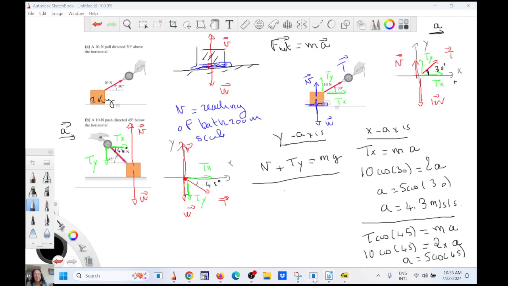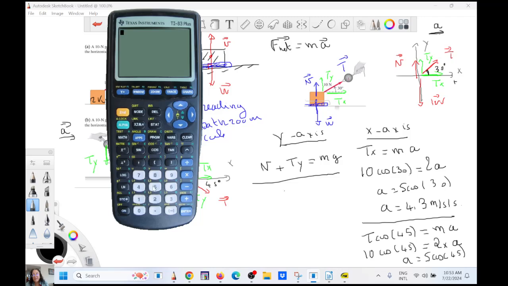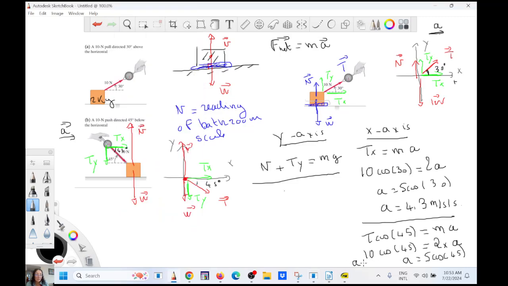Okay, so 5 cosine 45, so 3.5. So the acceleration is 3.5. So that's for number B.